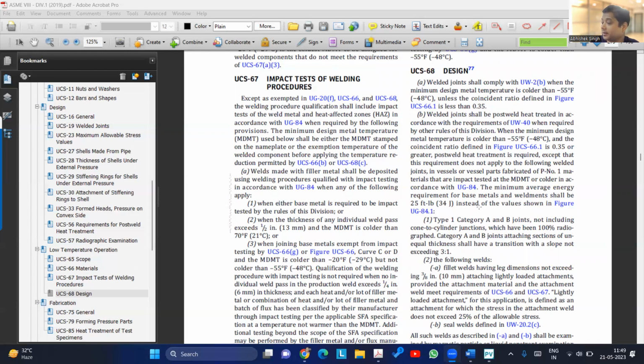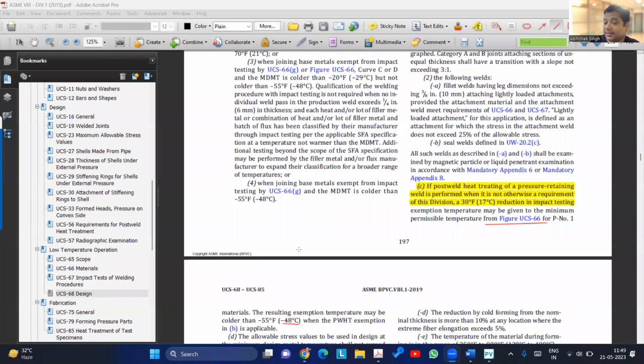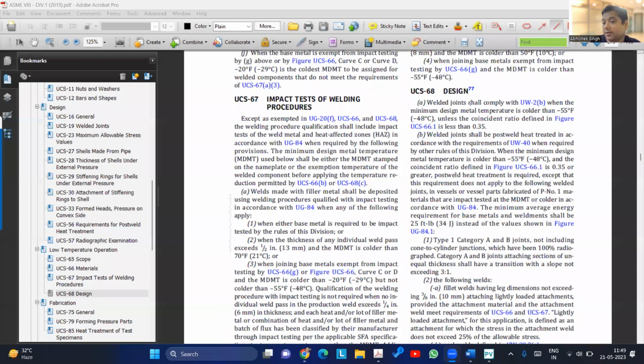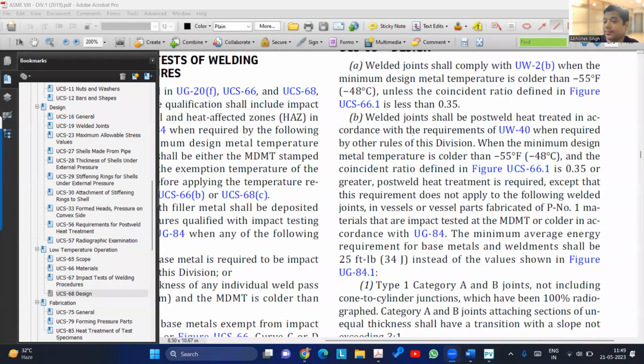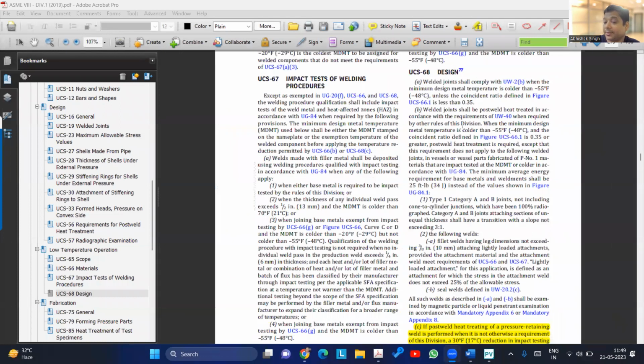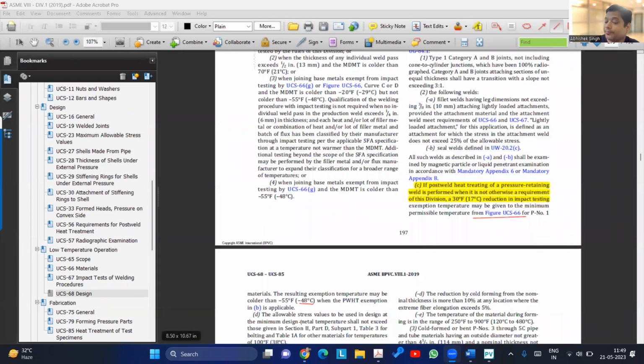Okay. Yeah, so B exemption means this clause, UCS 68B. It is referring to this clause. So if it is exempted based on this clause, then you can go even lower than minus 48.